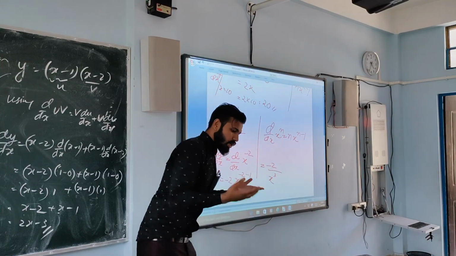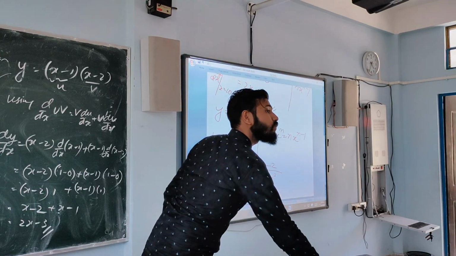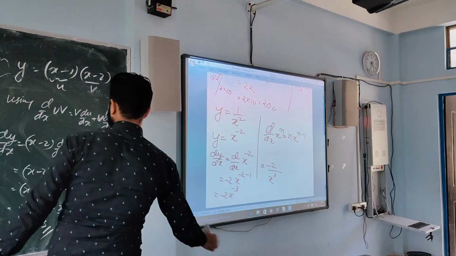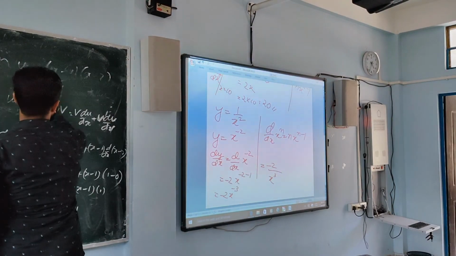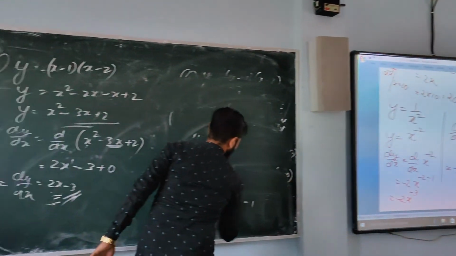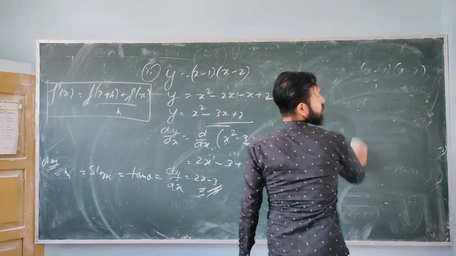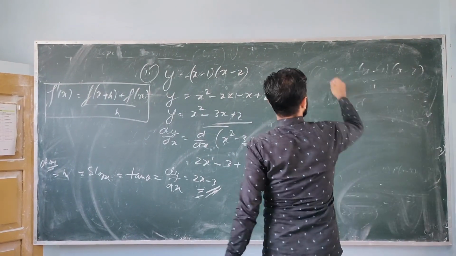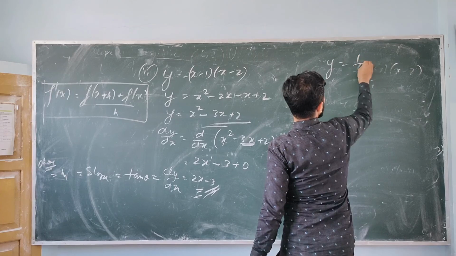If you are not satisfied with this way, you can do the question by the quotient rule. Look here. The question is y equal to 1 by x square.